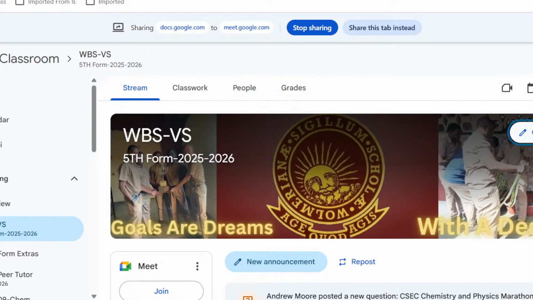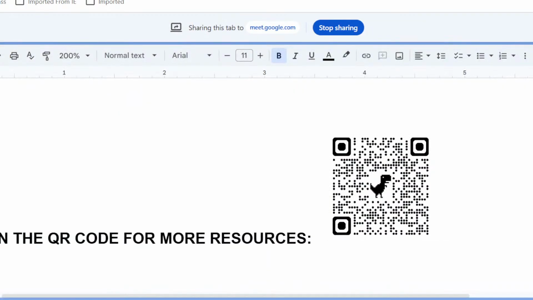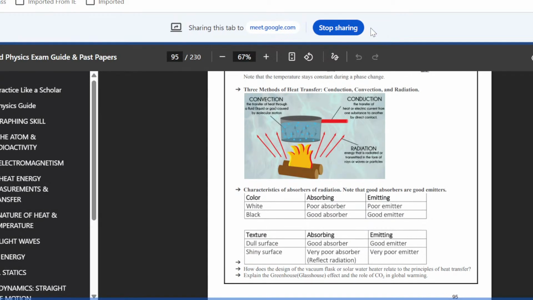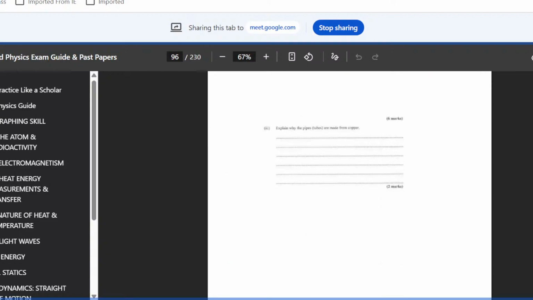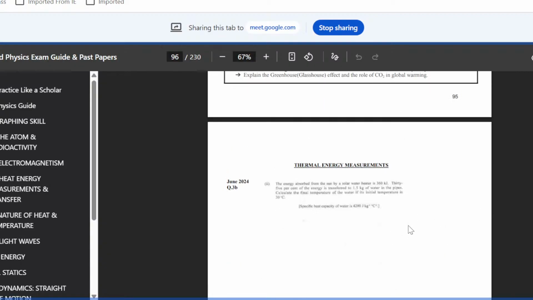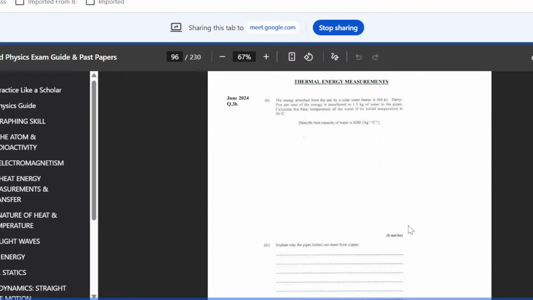Thanks, sir. Yes, sir. It worked. The QR code worked. Alright, great.